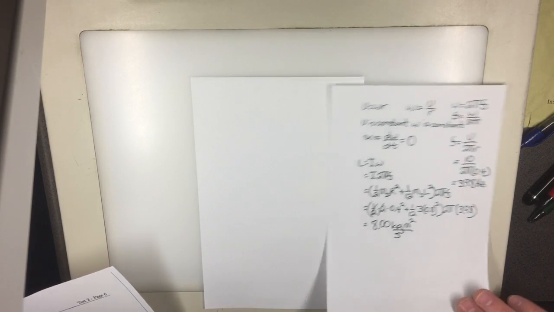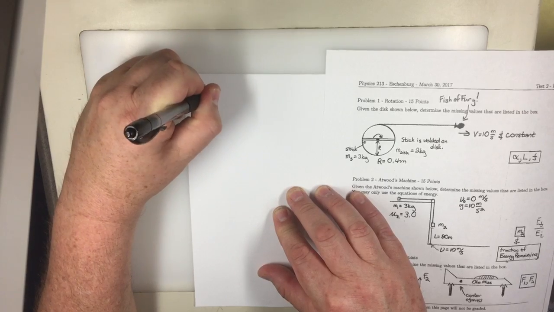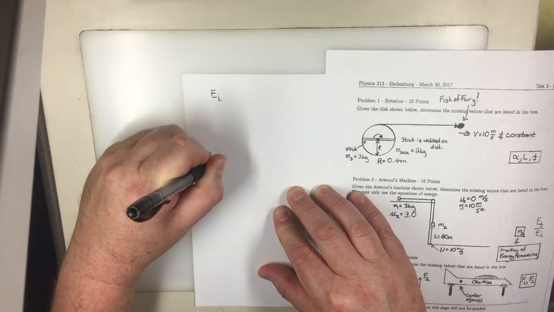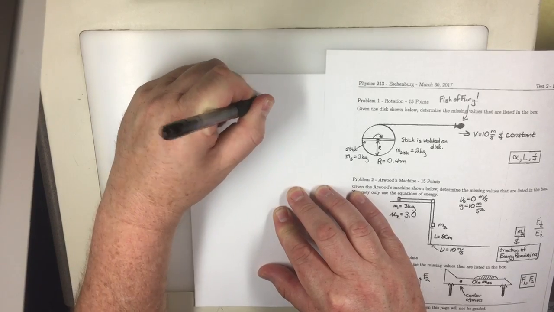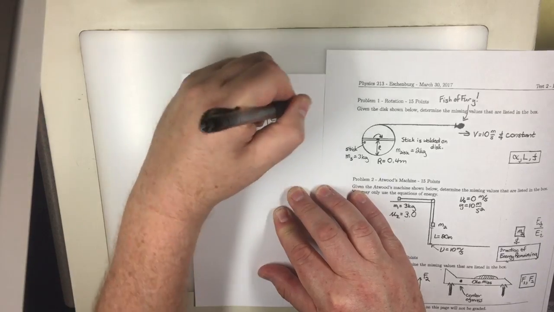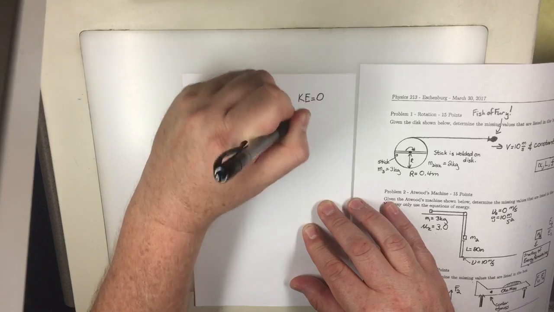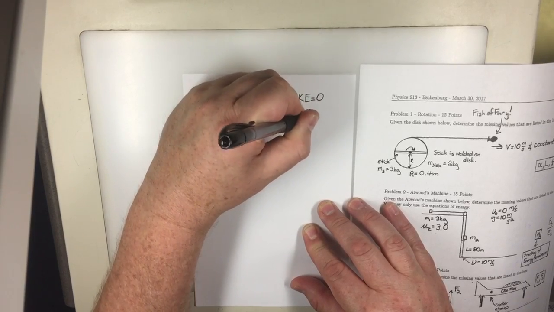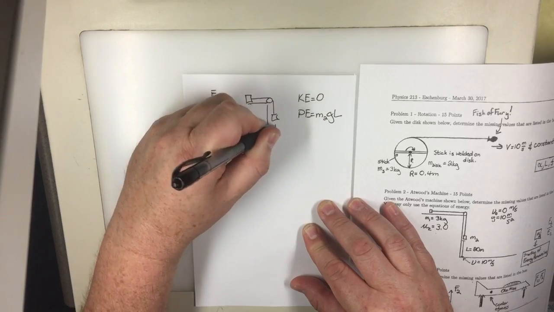So for this problem, I'm restricted to only using the equations of energy. You've got the initial energy and the final energy. The initial energy is when everything is at rest, so there is no kinetic energy, but the potential energy is M2gL.